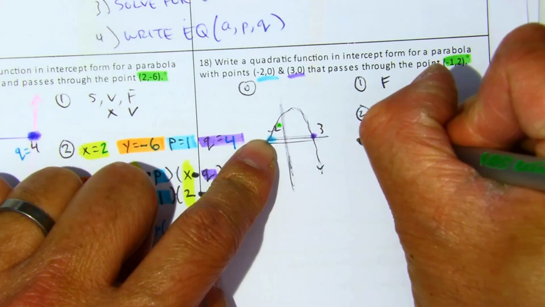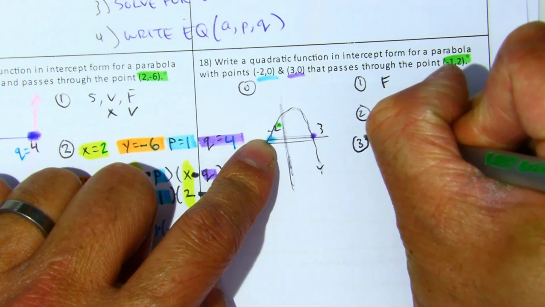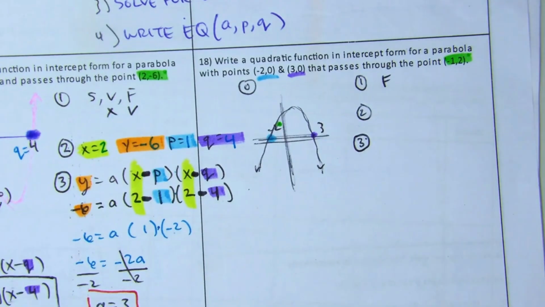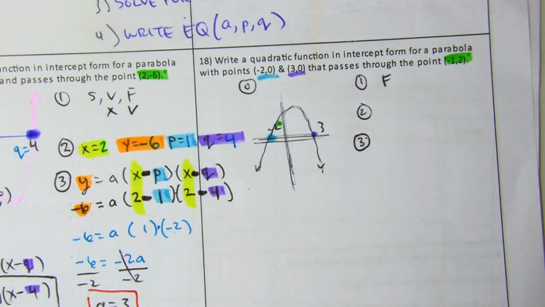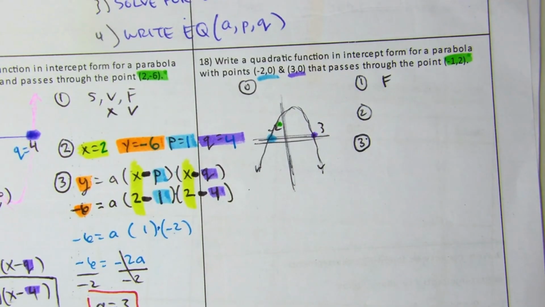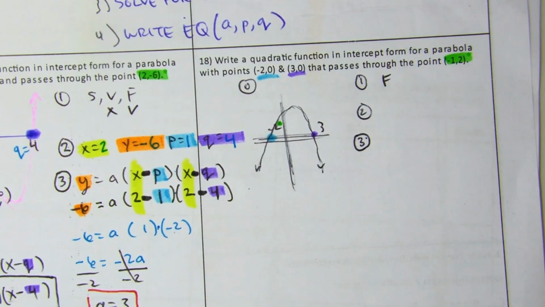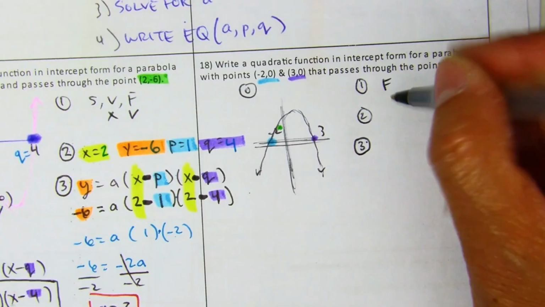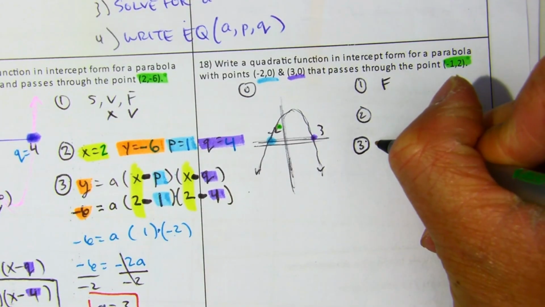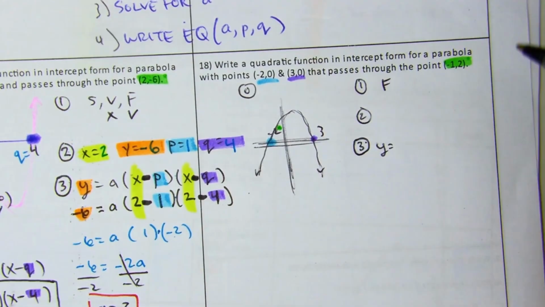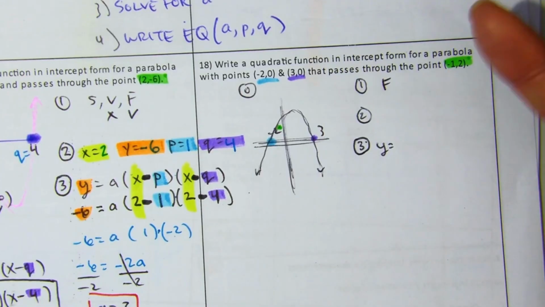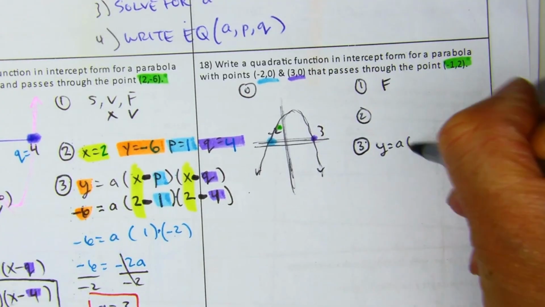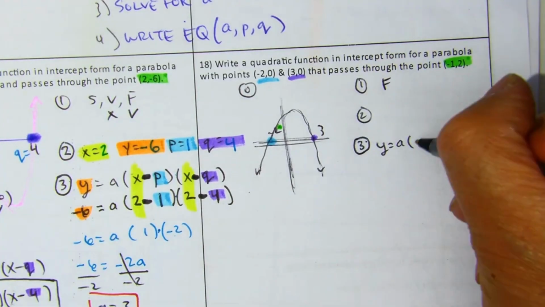Partner A, tell partner B what is the form for factored form. Going to call in some students. Diego M, can you tell us the form? Y equals, good, keep going.